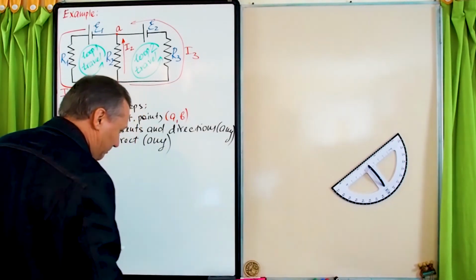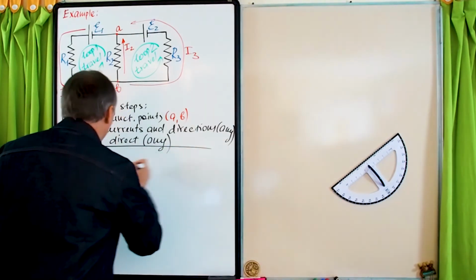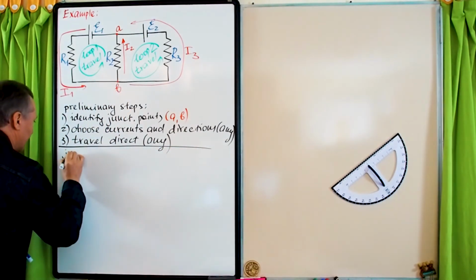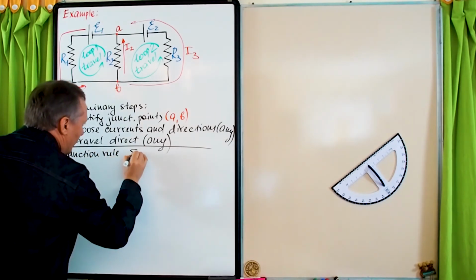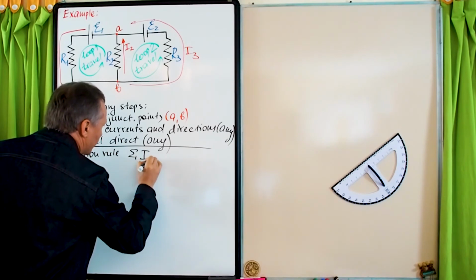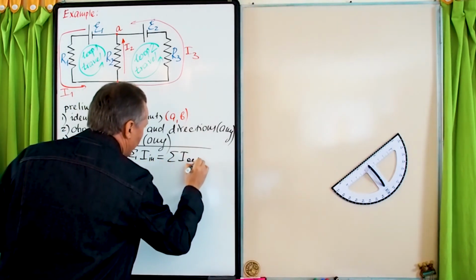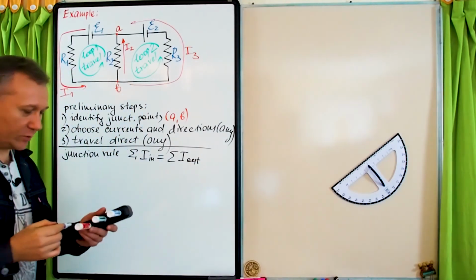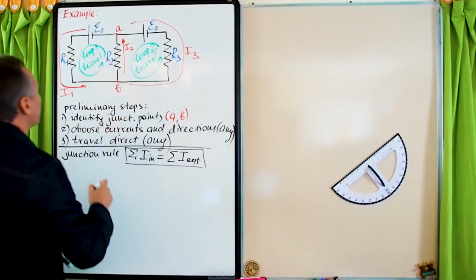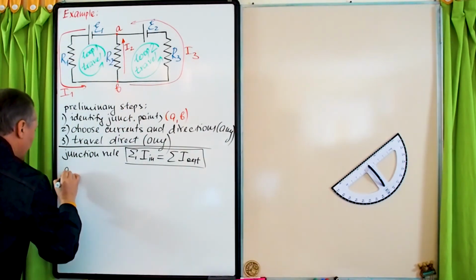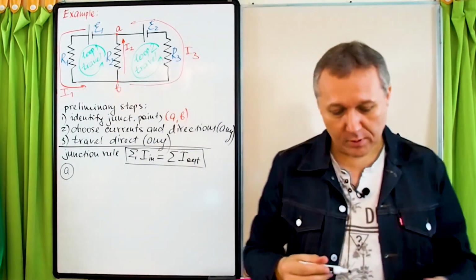All right. Okay, so let's start with the first, the junction rule. Junction rule, which is the total amount of current entering must be equal to the total amount of current leaving a junction point, right? So that's the junction rule. And how many junction points? We have two, A and B. Junction point A. Okay?